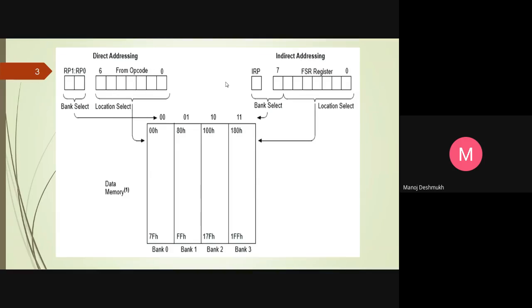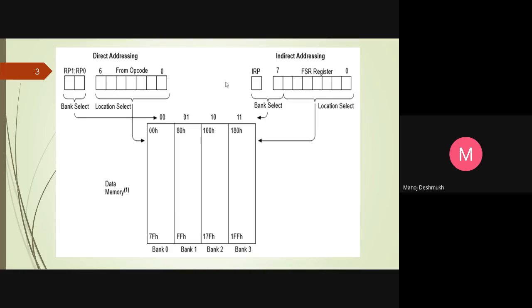So 0 to 7 plus 1, and here in case of direct 0 to 6 plus 2 bits, that is RP0 and RP1. So with the help of these 9 bits, we are able to fetch or access the data, whatever available, loaded, stored in the register bank of RAM locations, that is data memory.